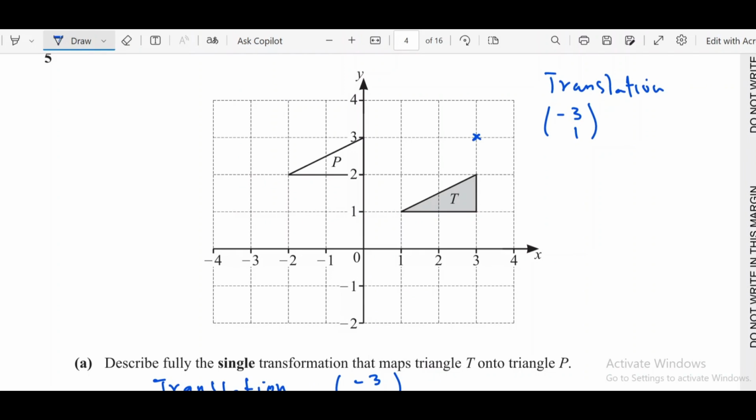The scale factor is 2, meaning that we are going to double the distance of each point from the center. This point here from the center is just one step. So when we double it, two steps, the image will be here because it's 2 steps away from the center.